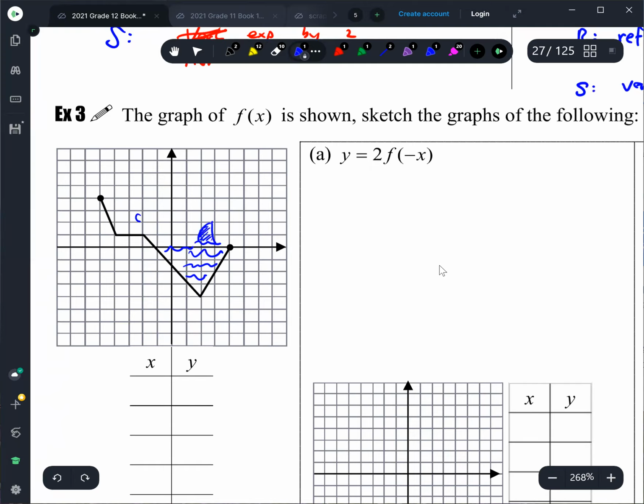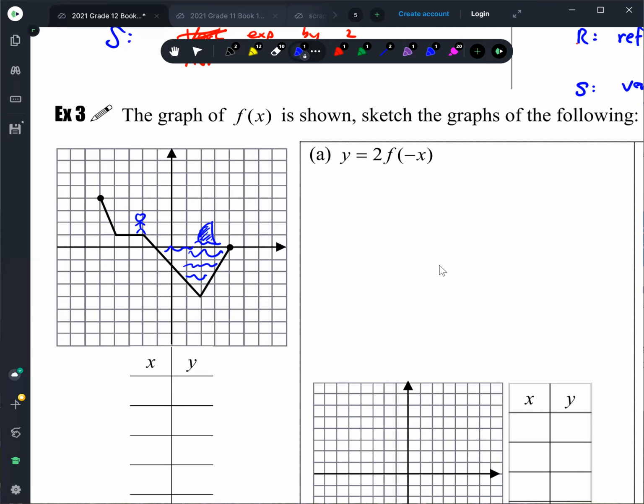So you can change the shape of the swimming pool by doing some reflection, stretching, expanding, compression. So we need to have the story first. We need to understand what's happening to this graph first, and then we'll get a new graph.